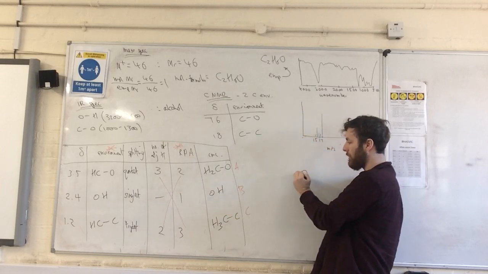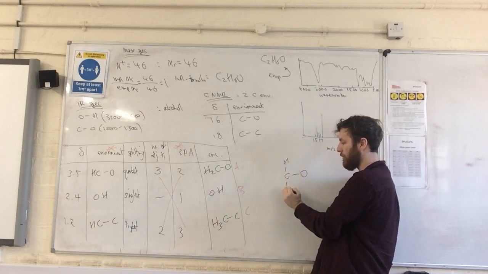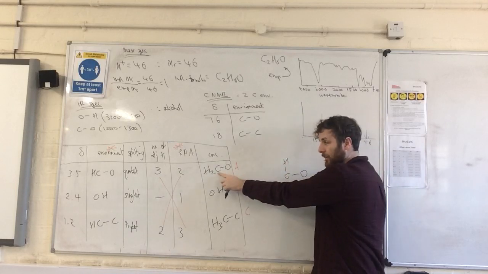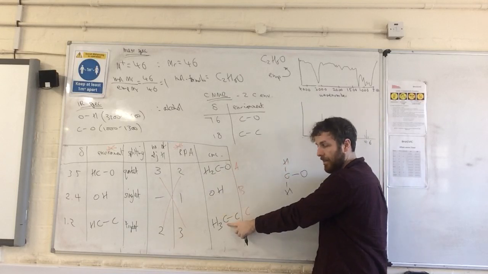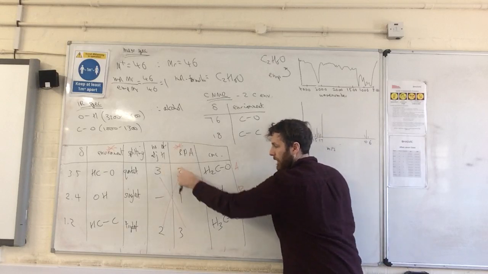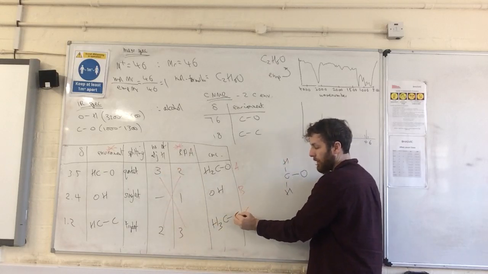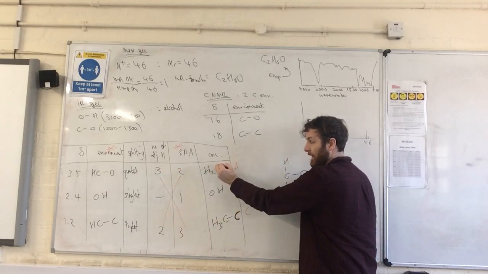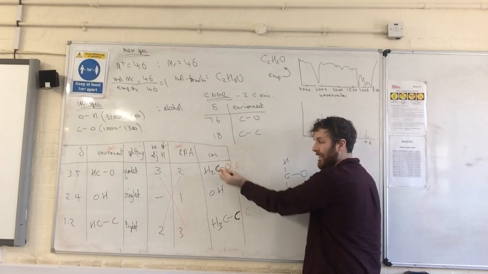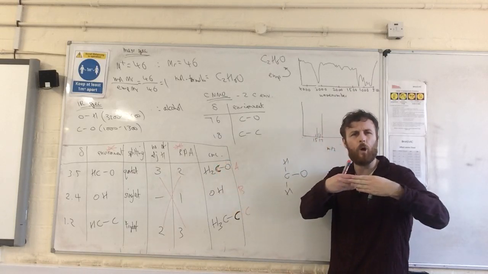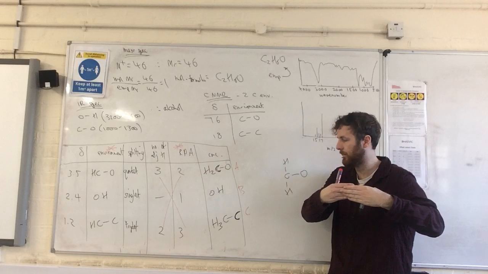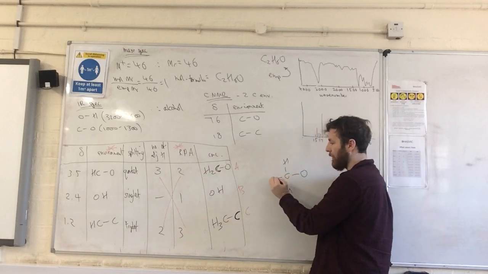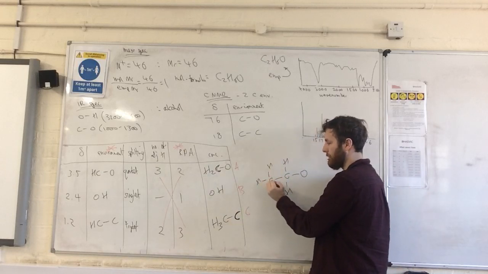I've got an O with a CH2, and next to this carbon must be that carbon because of this cross-link. So this carbon here is actually that carbon there. They're the same carbon. So there's a little bit of overlap between your jigsaw pieces. And so I can add on my CH3.